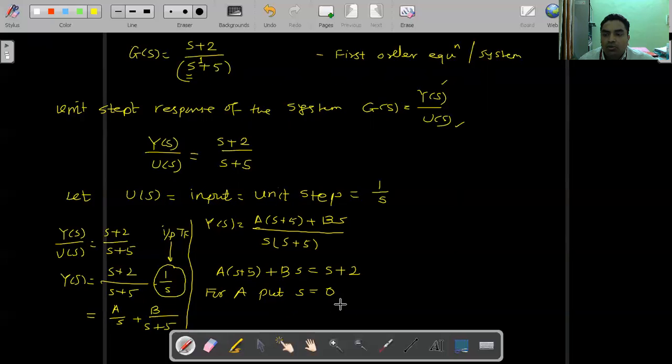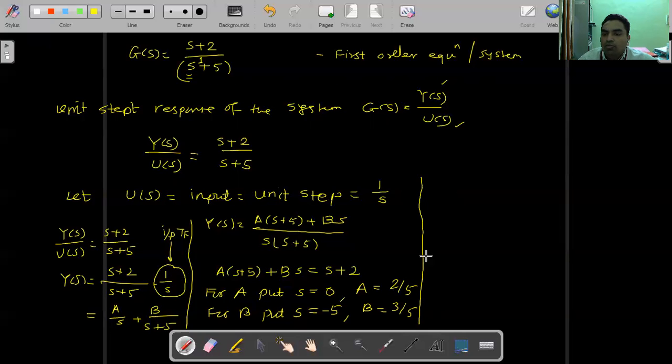So I will get A equal to 2 upon 5. And for B, put s equal to minus 5. So this term will be 0, and the answer will be B equal to 3 upon 5.